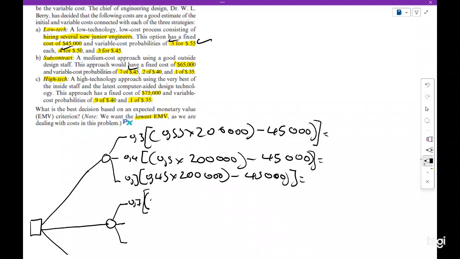We are here: 0.45 multiplied by 200,000, close bracket, minus 65,000, 65. We cannot minus, something has just clicked in my mind. This is cost, this is cost, this is cost. These are not sales, they are variable cost. So you cannot minus.